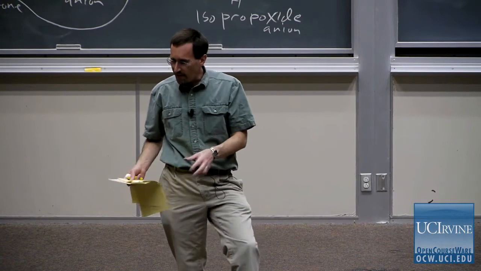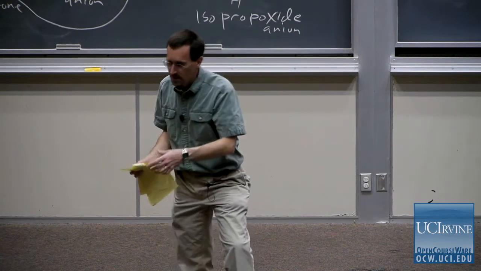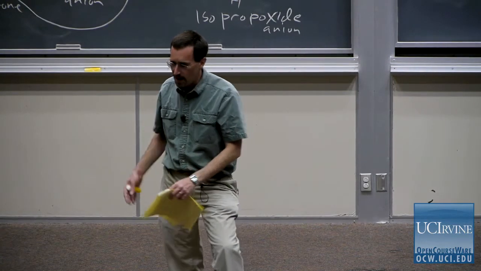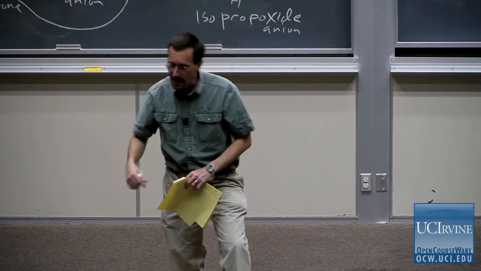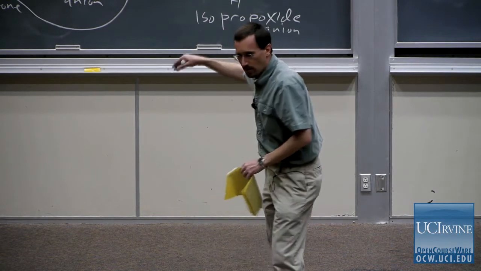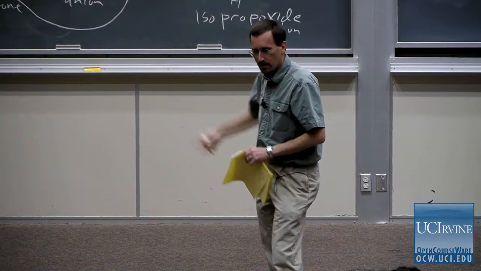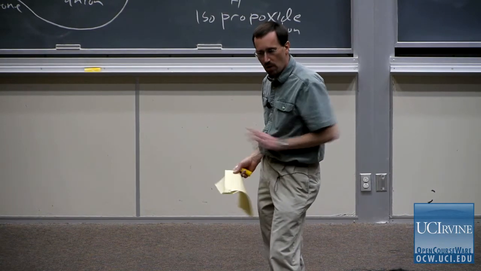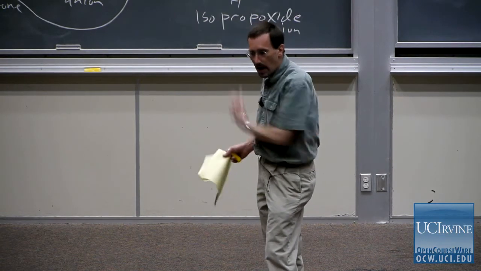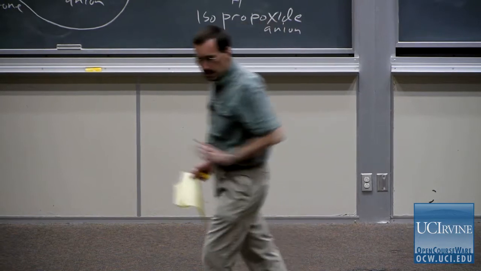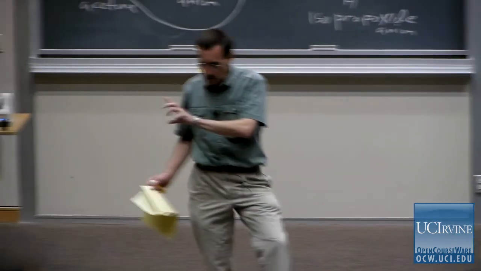Now, the second half of your question is interesting because, of course, the bond-forming process is one where the electrons do start to approach. As the nucleophile is approaching the electrophile, we're moving the other electrons continuously up onto the oxygen. In a way, this is what you would call a reaction coordinate.